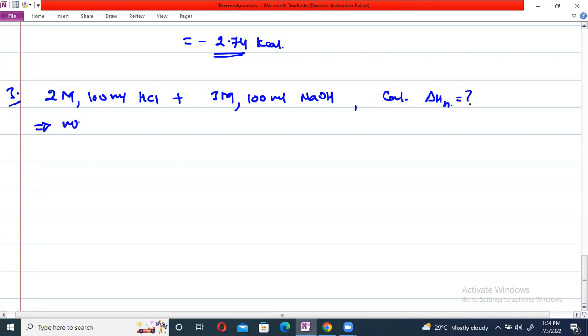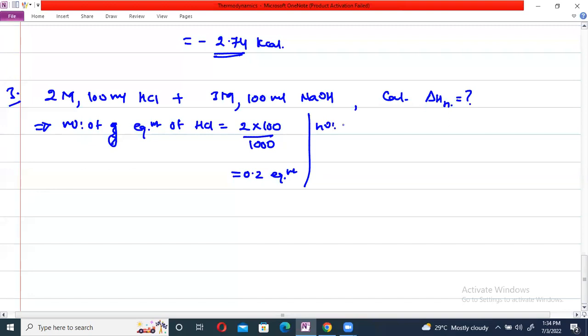Same way again, number of equivalent of HCl: 2 into volume in ml by 1000, 0.2 equivalent. Another case, number of equivalent of base, that is NaOH, is 3 into 100 by 1000. I will get 0.3 equivalent.